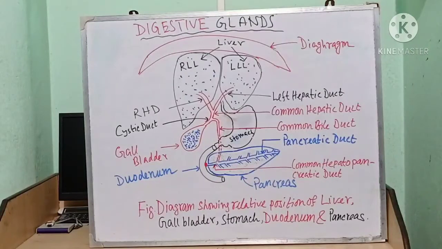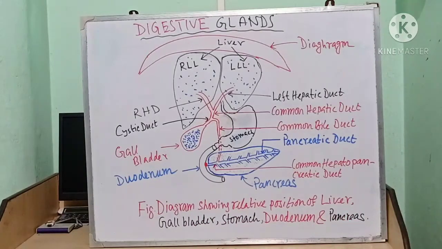Well, we are discussing digestive glands. Look at this diagram. This diagram is showing the relative position of the liver, gallbladder, stomach, duodenum, and pancreas.